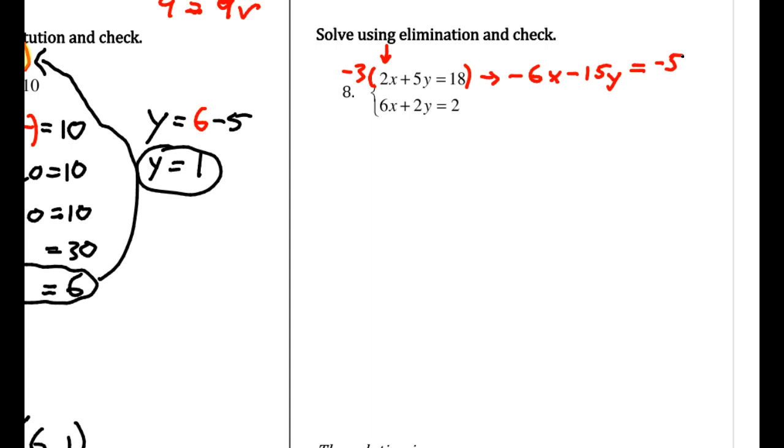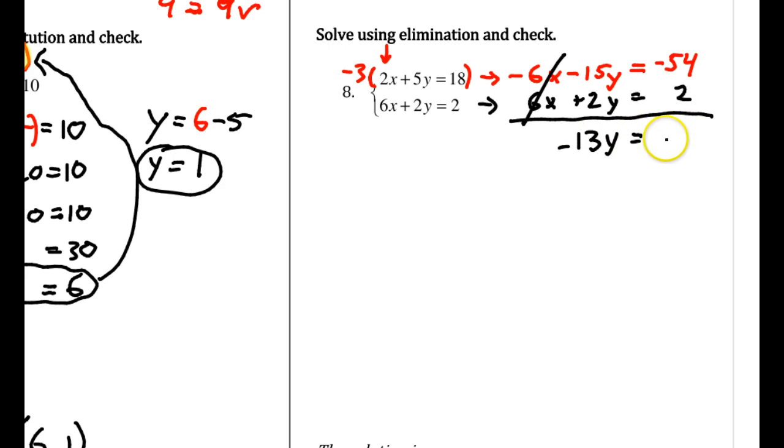That's right, 54. And this will stay as is. Already ready to cancel with a 6 here, positive 2 here, and 2 here.